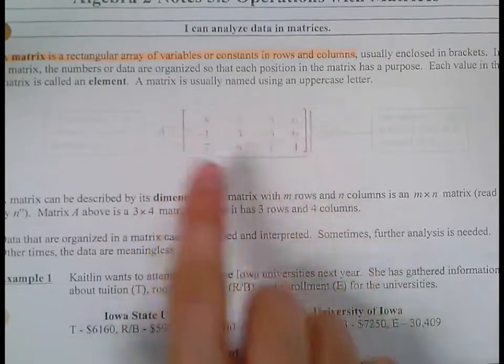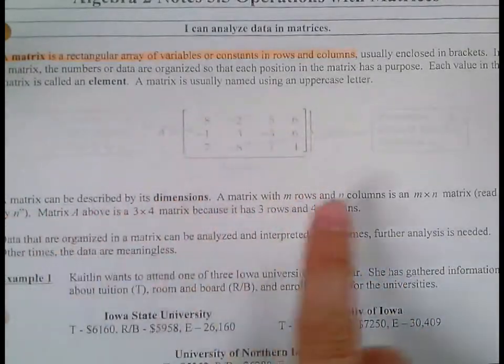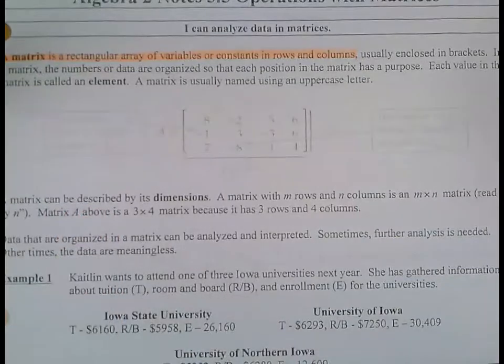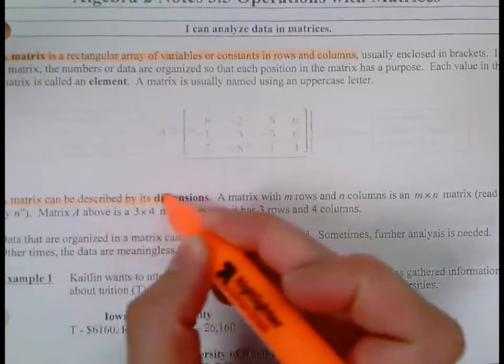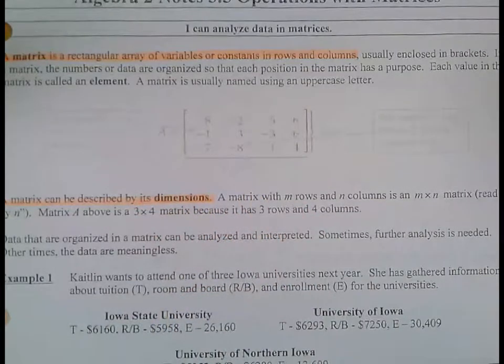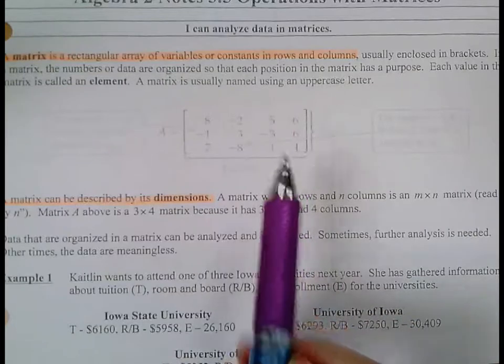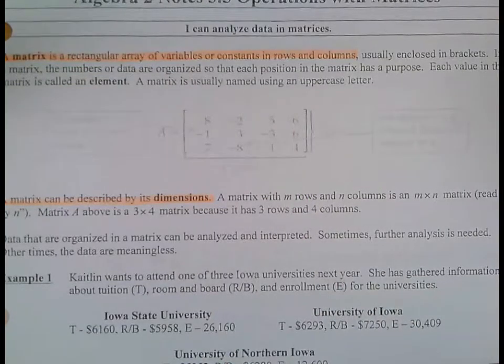And matrices, as we're going to look down here, can be described by their dimensions. So the size of the matrix, the dimensions of a matrix, are important. Looking at this matrix, this might honestly seem like common sense to some of you, but it very easily gets switched around.